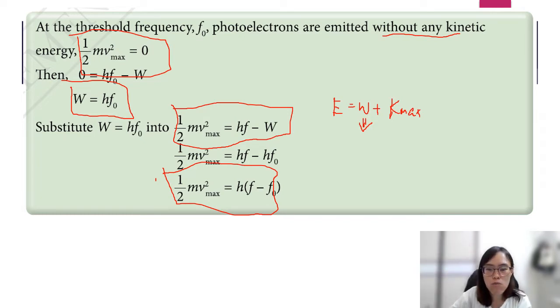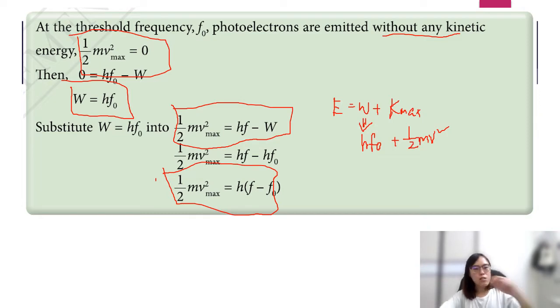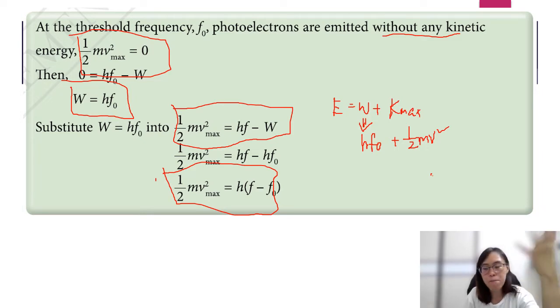So we have this hf0, and this is half mv square, the kinetic energy. So at threshold frequency, the light causes the electron to escape through the photoelectric effect, so it directly escapes out without any kinetic energy already.